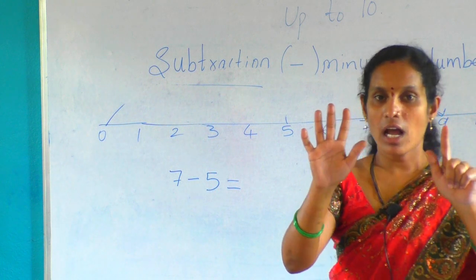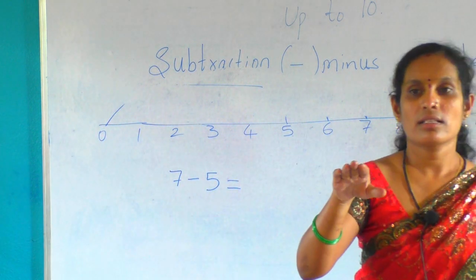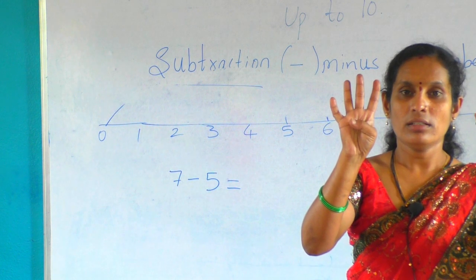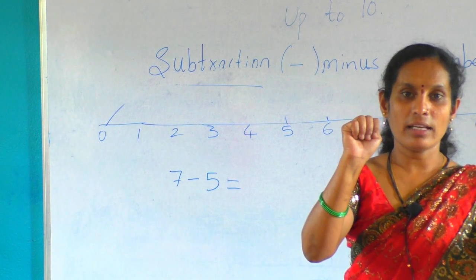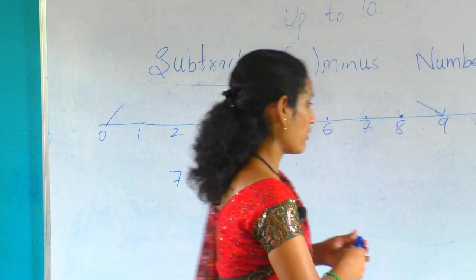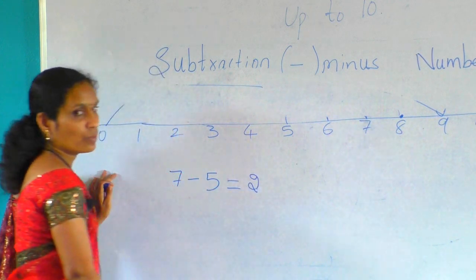Among 7 fingers, I want to take away 5 fingers, which means close 5 fingers: 1, 2, 3, 4, 5. The answer is 2. Only 2 fingers are left over. So 7 minus 5 is 2.